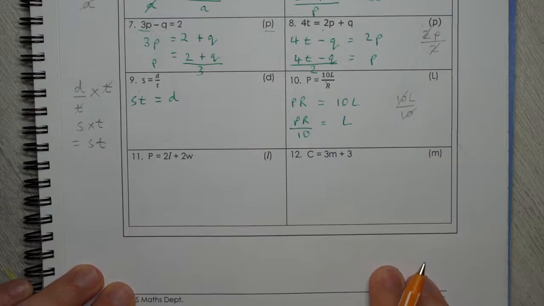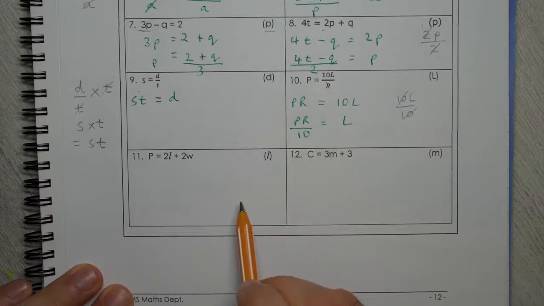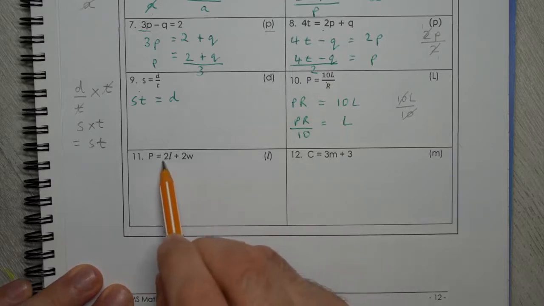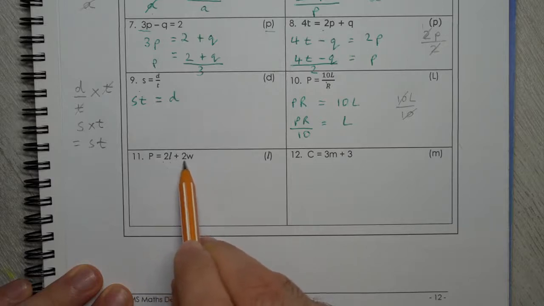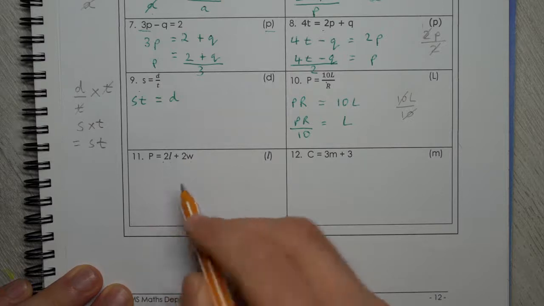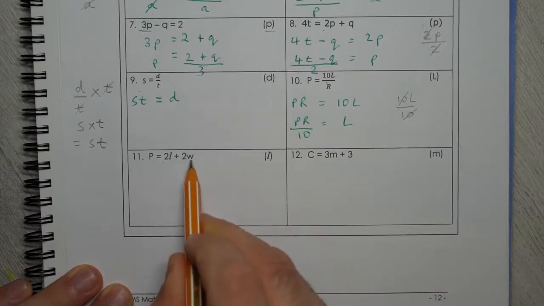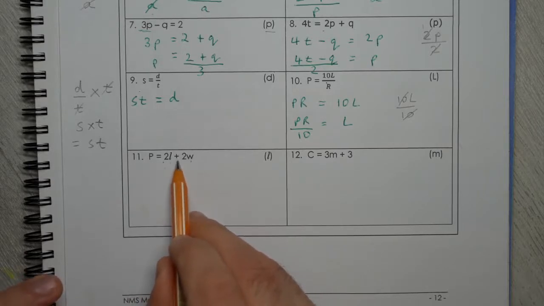Question 11. So we need L, the subject of the formula. We have 2L here, but with 2L we have plus 2W. So we need to remove that plus 2W from here. 2W is attached to 2L by addition.